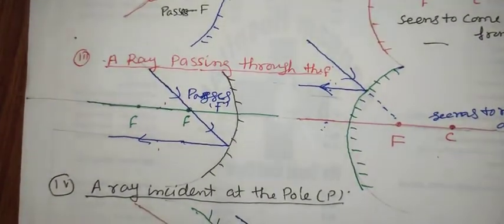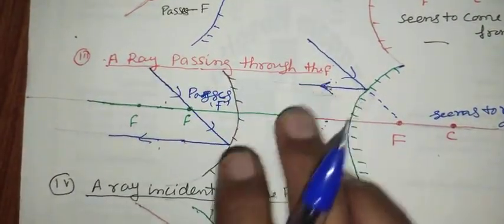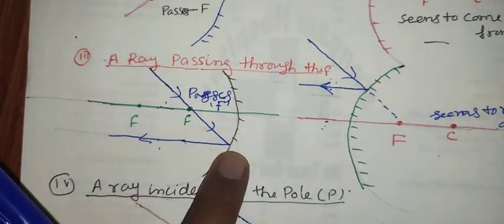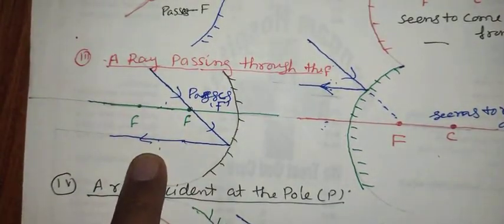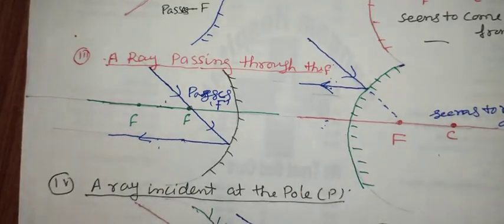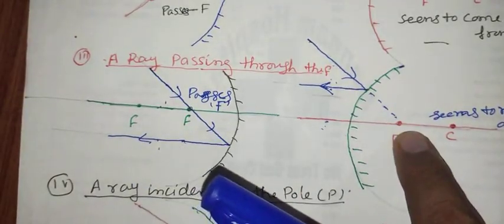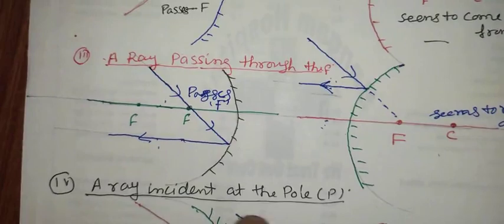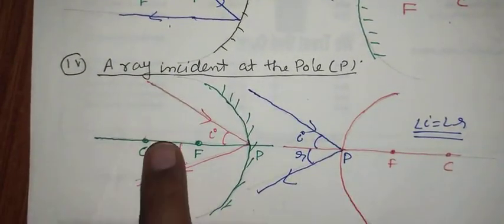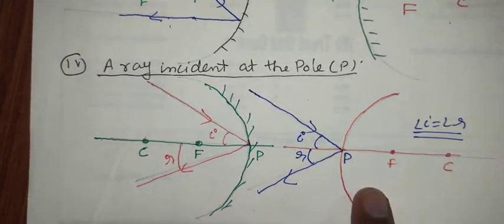Third, a ray passing through F and falling on the mirror becomes parallel to the principal axis. Fourth, a ray incident at P, the normal phenomenon of reflection takes place.